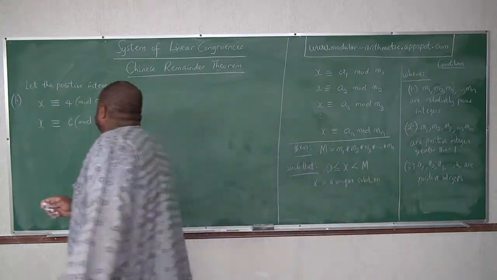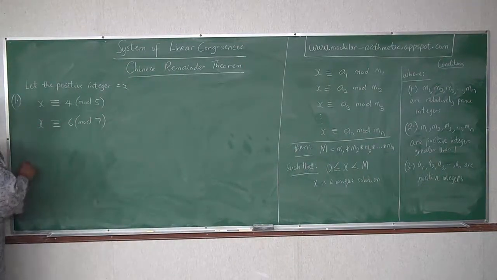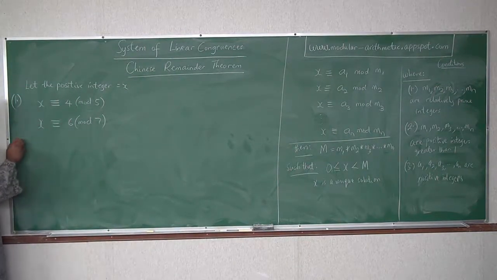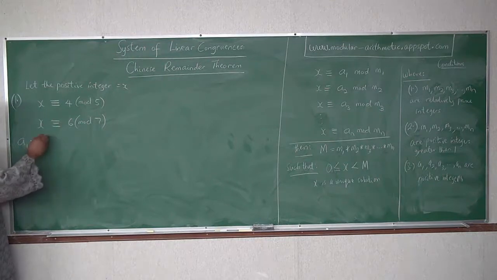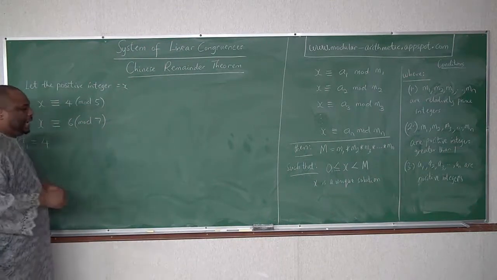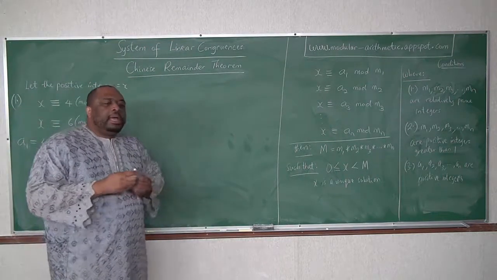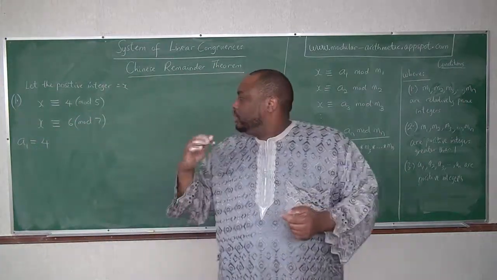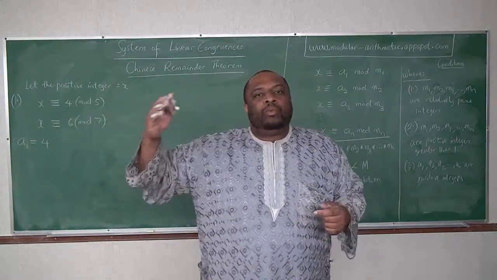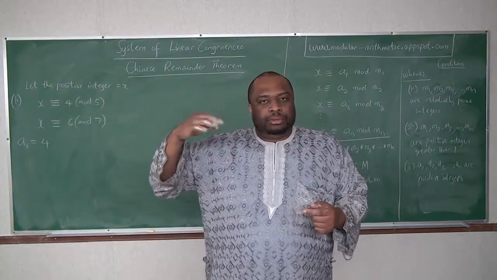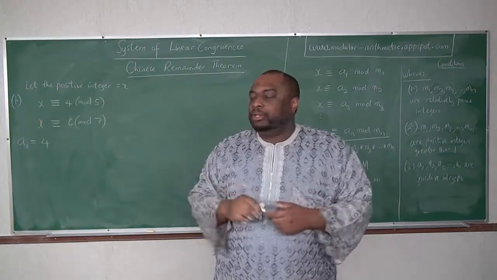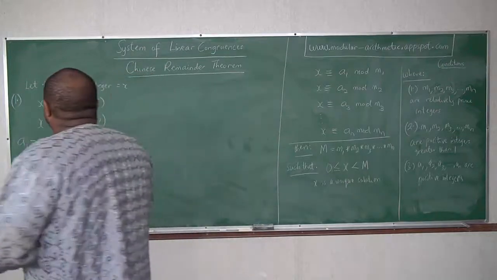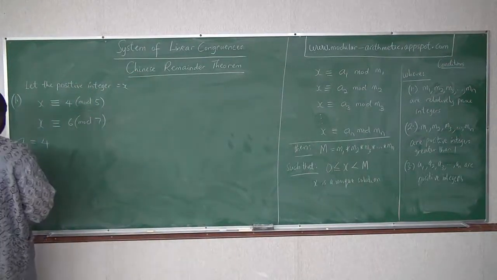So when you have this, we will write out our A1 is 4, and we are going to use the yellow chalk to circle what we are going to use. A1 here is 4.